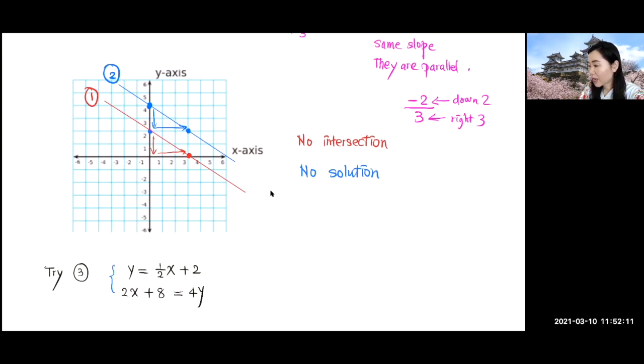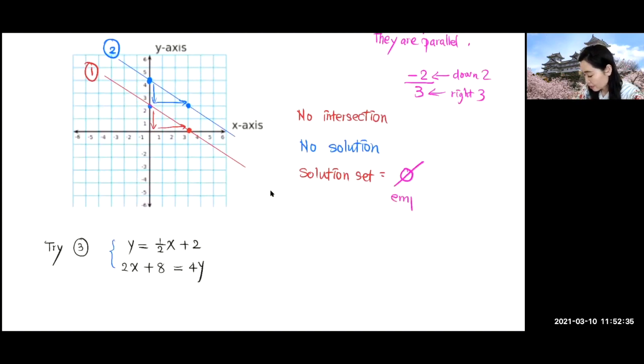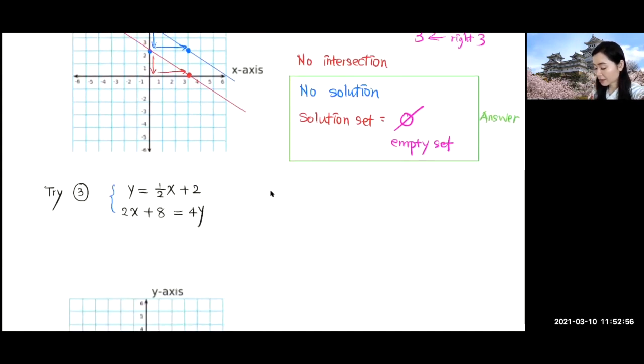Now, a fancy way to write the solution set when it is empty, do you guys remember the symbol? It's the empty set symbol, which is a 0 with a slash. It's like an empty basket. So the answer over here will be no solution, or you can put down that the solution set is the empty set.